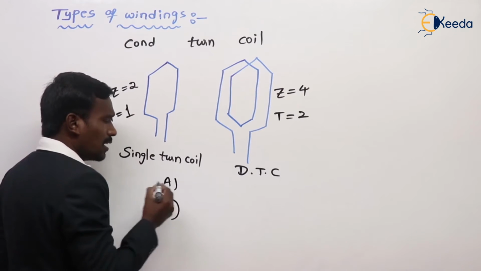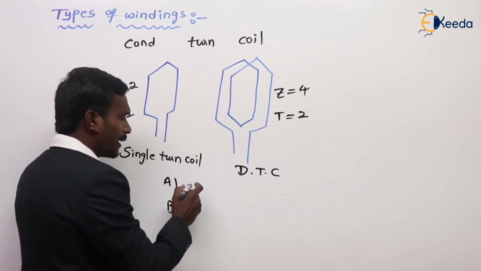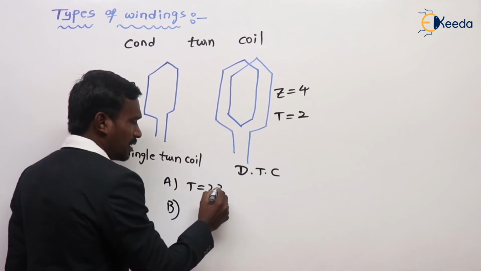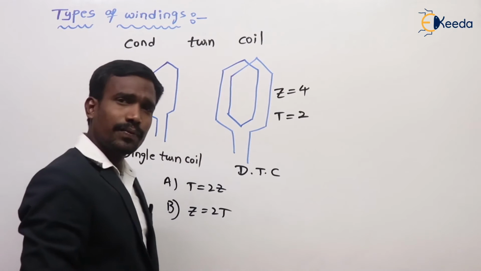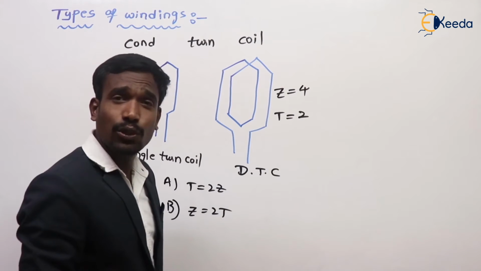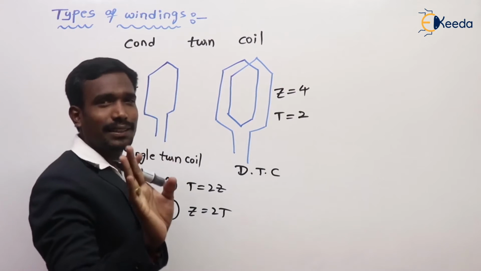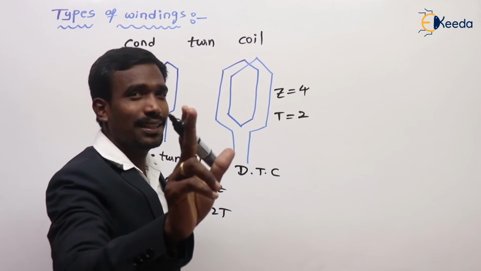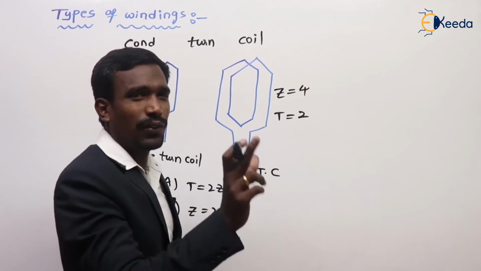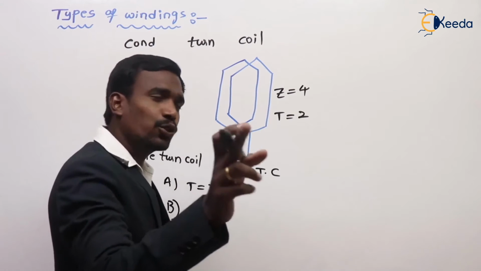Then after, I will give you a simple question. Which of the following is the correct answer? What I said up to now? For one turn, we have two conductors. One turn having two conductors. That is the normal form. This is the mathematical form.